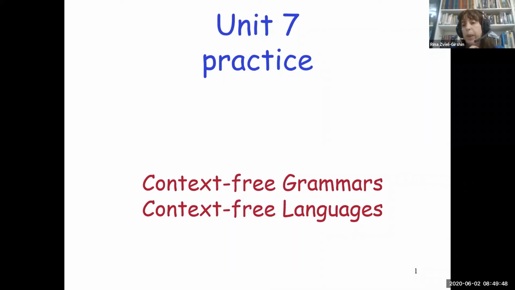Grammars are important to several fields in computer science. First of all, compilation. When you write a compiler for different programming languages, you should know the grammar. You should define grammar, simplify grammar, a lot of interesting stuff. And also natural language processing.